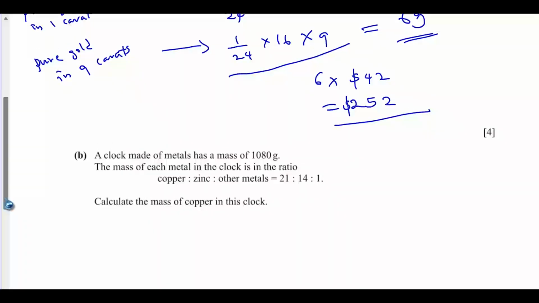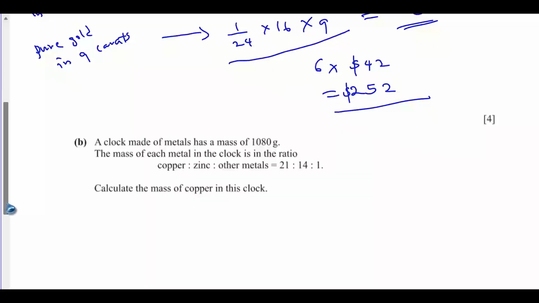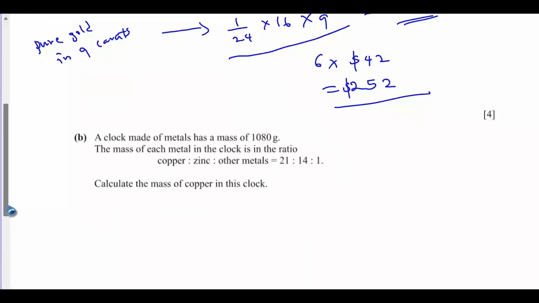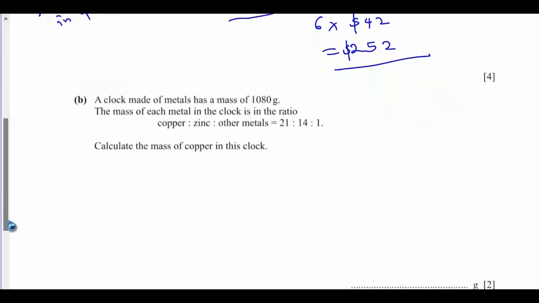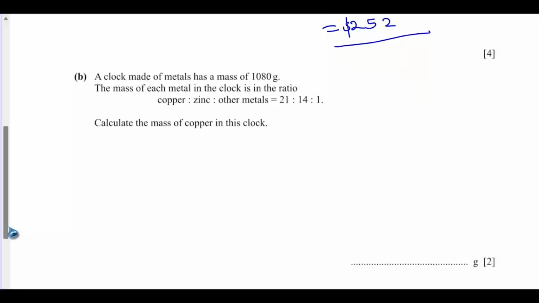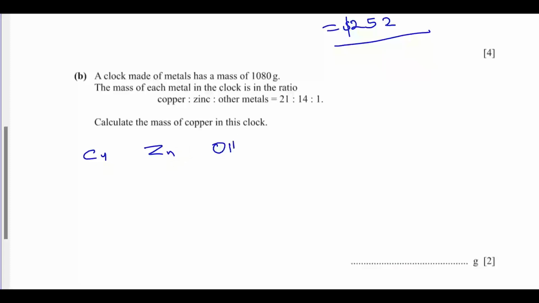Okay, so part B: a clock made of metals has a mass of 1080 grams. The mass of each metal in the clock is in the ratio copper, Cu, zinc, Zn, and others.